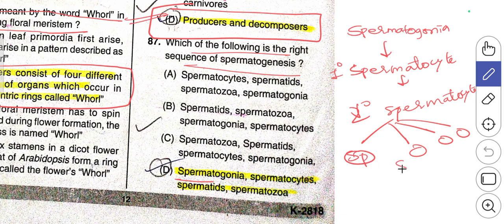These are the four spermatids, and these spermatids will get converted into four spermatozoa. So D is the right answer for this question.